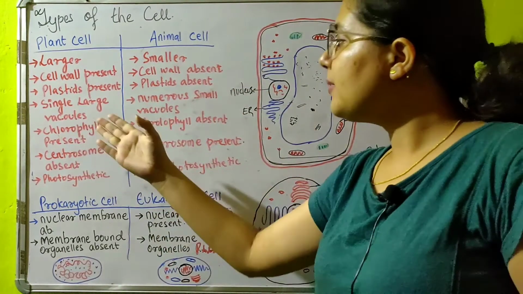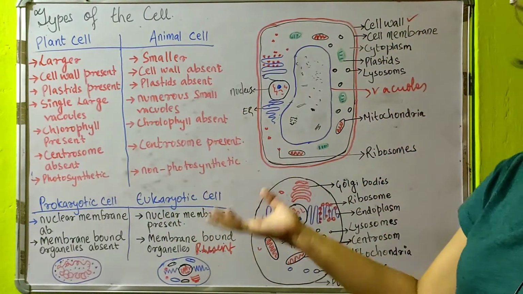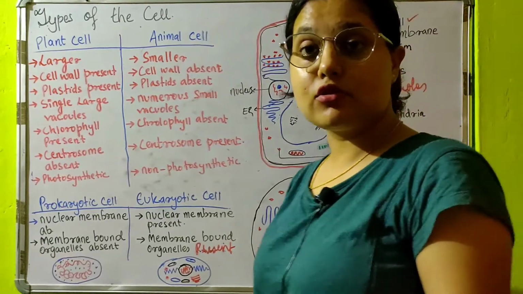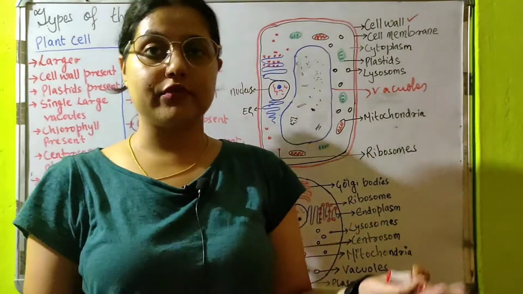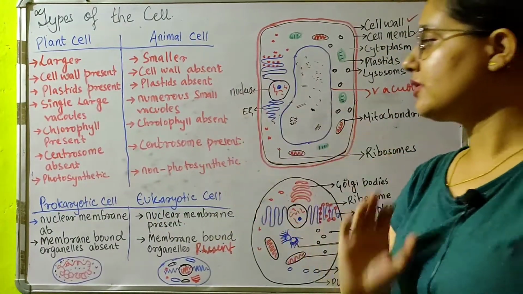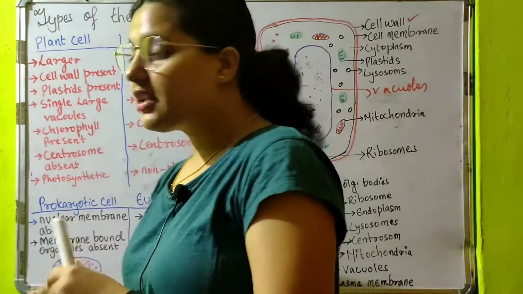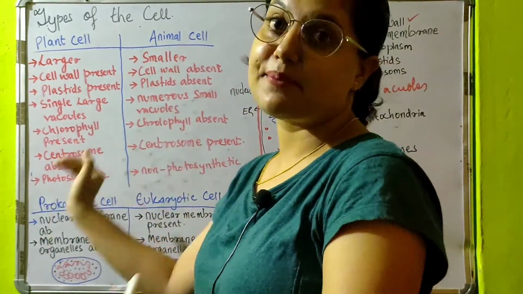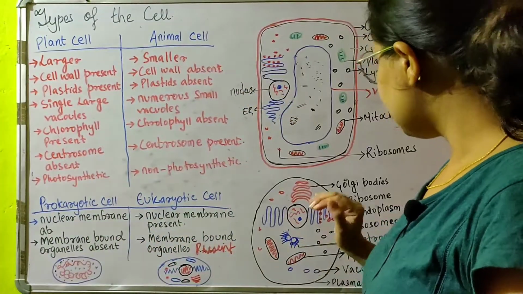Chlorophyll present, chlorophyll absent. This is so because plastid is not present out here. If plastid is not present, then how will chlorophyll be present, right? The chlorophyll is present in plant cell and it is absent in animal cell. And another thing, the only thing that is present in animal cell and absent in plant cell is the centrosome.